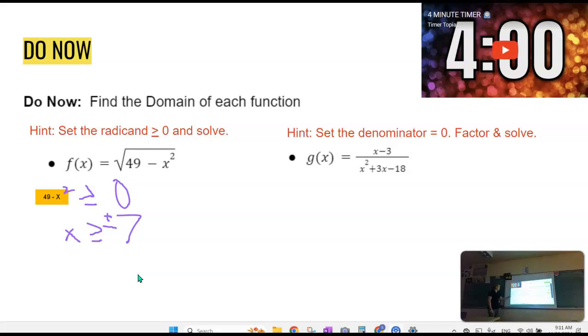6 times 3. Okay, now I made a mistake. I should have put negative 18. So I'm going to have a negative something here. I also wanted to add up to 3. So 9 minus 2 or 2 minus 9, that's not going to be 3. But 6 and 3, I could do 6 minus 3 or 3 minus 6.